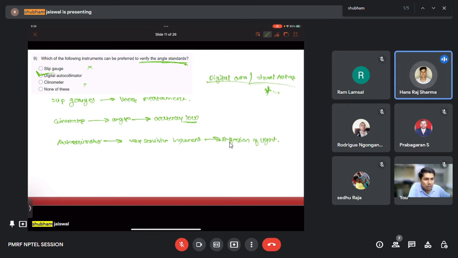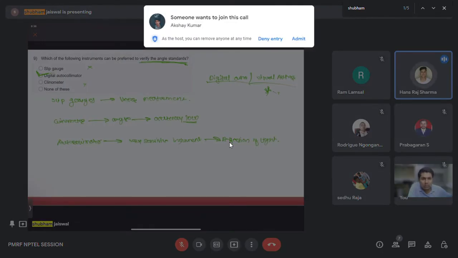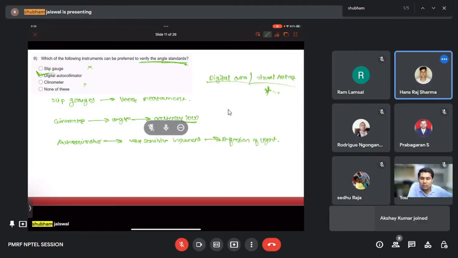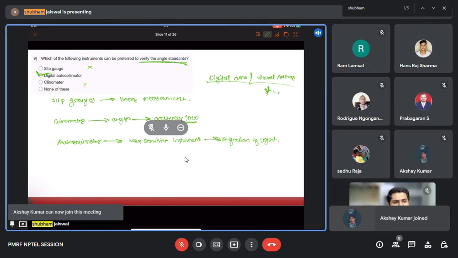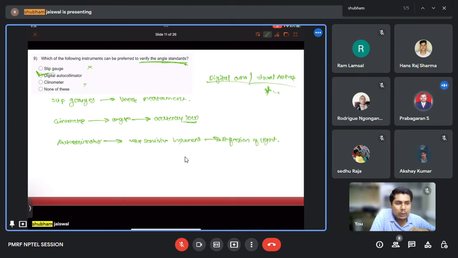Yes, sir. What about autocollimator and angle decker? Which will be more accurate or effective? If we see, both are accurate, but they work on different principles. Angle decker is not a direct angular measuring equipment, it is an indirect angular measuring instrument.